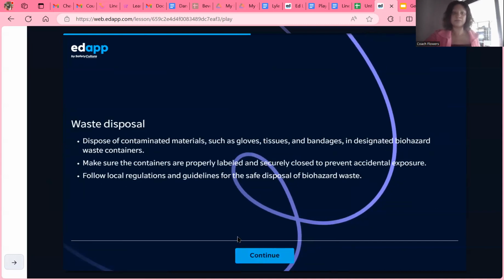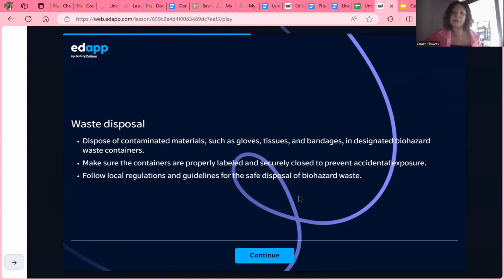Waste disposal. Dispose of contaminated materials such as gloves, tissues, and bandages in designated biohazard waste containers. Make sure the containers are properly labeled and securely closed to prevent accidental exposure. Follow your local regulation guidelines for safe disposal of biohazard waste.